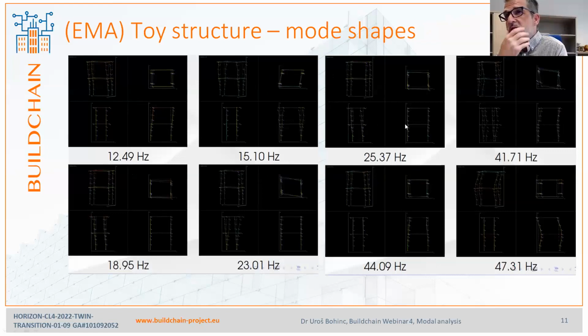I'm sorry for this picture. Of course, it is not very clear since it's on a black background, but still, this is the result of the analysis. You can see the modal frequencies written and the mode shapes in different projections.